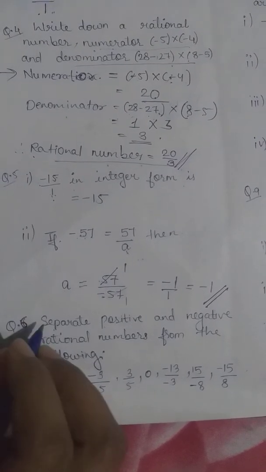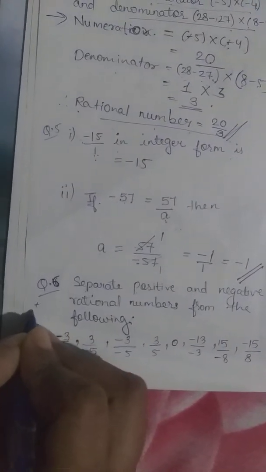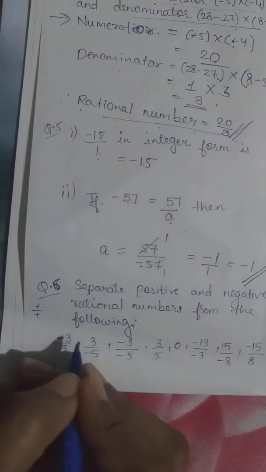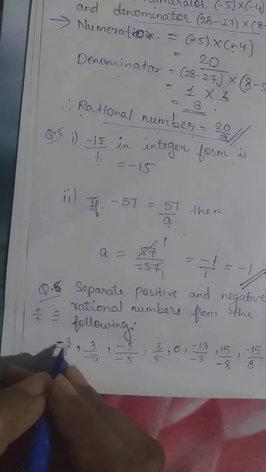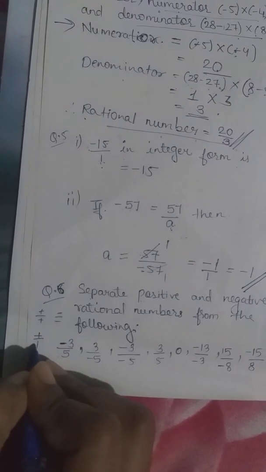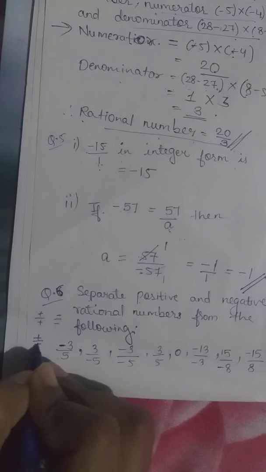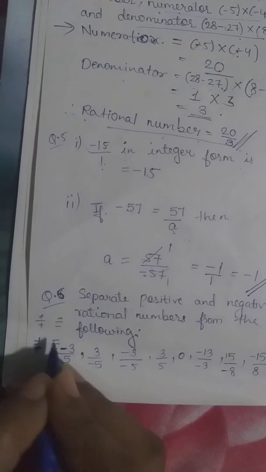So here inside I will write, see, positive upon positive will remain positive. Negative upon negative, again positive. And one positive, one negative, okay, one positive and one negative will go negative. One negative and one positive will go negative.